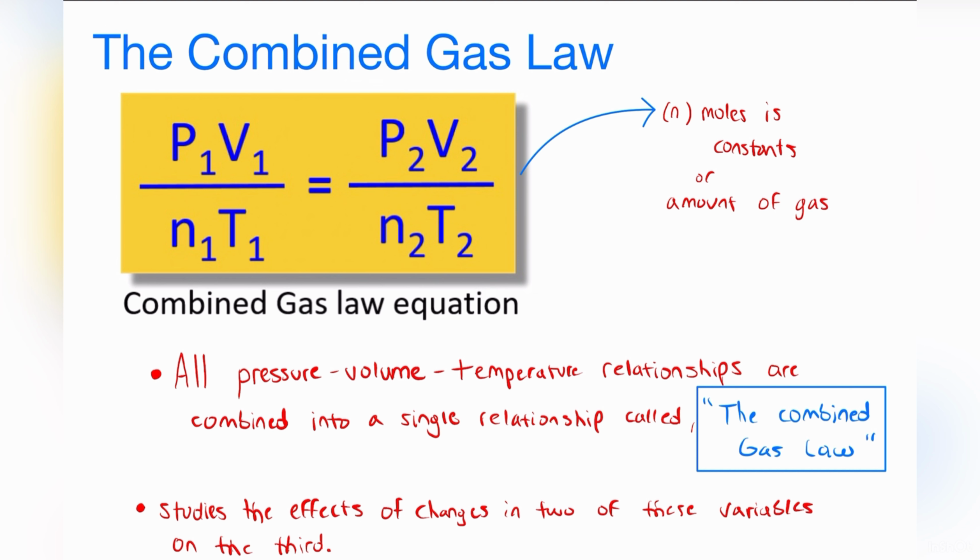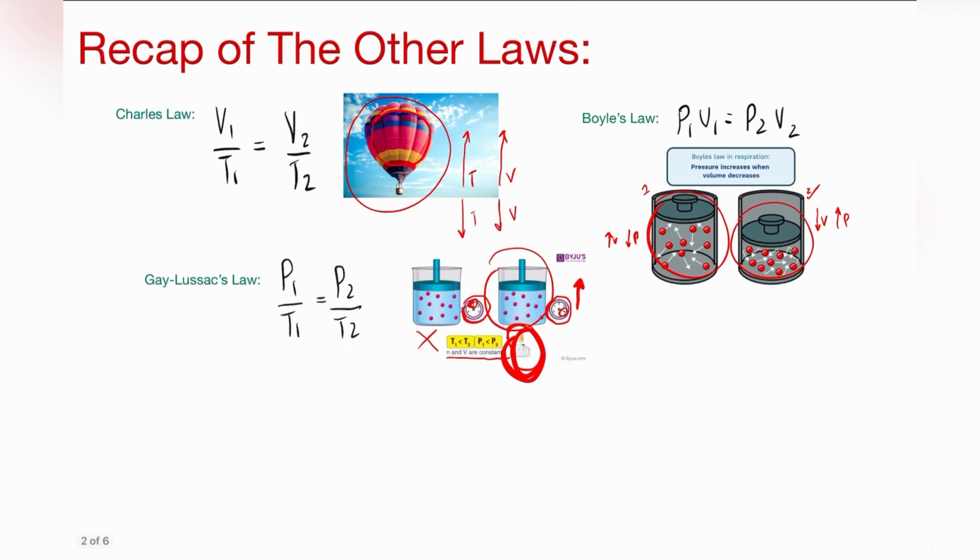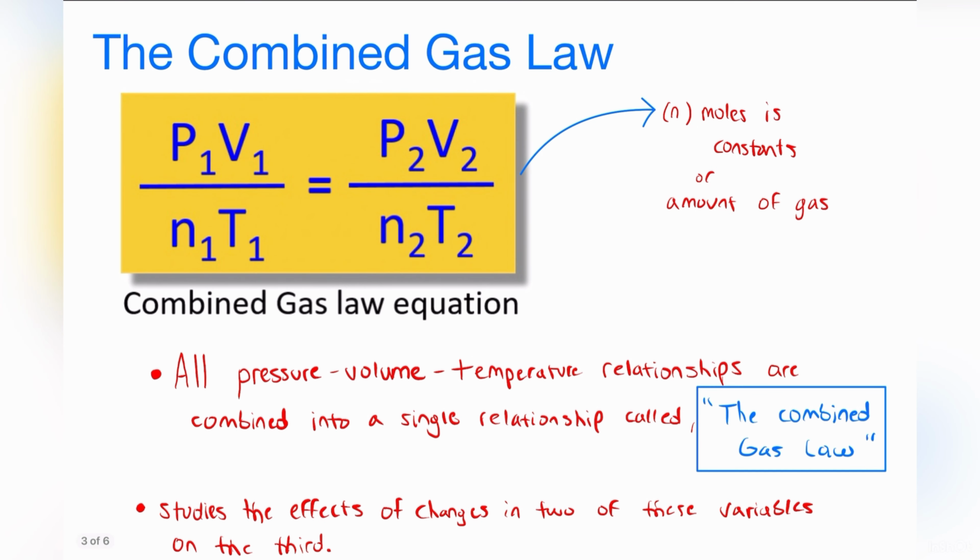The combined gas law is an equation, just like the rest of the laws we talked about. They have equations, of course, and now we're going to combine all of them together. Let's go over some definitions real quick. The combined gas law combines all the pressure, volume, and temperature relationships into a single relationship. It studies the effects of changes in two of these variables on the third.